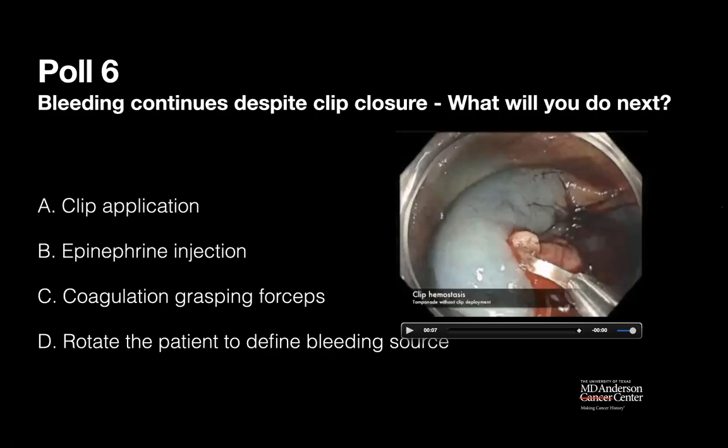And then when we started having TIVA, or monitored anesthesia with propofol, I ended up having a lot of problems with deep respirations from the patient, with a lot of movement of the colon, like you saw here.